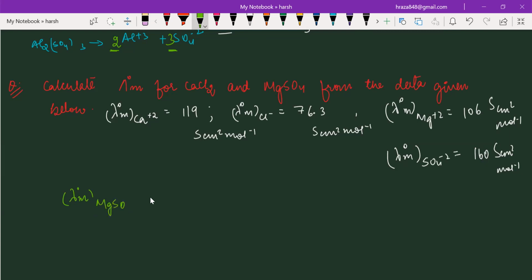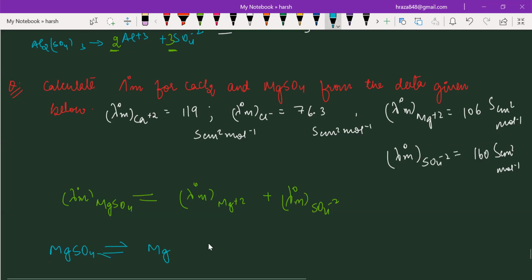Lambda naught m for MgSO4 will be equal to lambda naught m of Mg plus 2, plus lambda naught m of SO4 minus 2. We don't need to multiply it by any number because if you dissociate it, it will be 1 mole MgSO4: Mg plus 2 and SO4 minus 2, 1 and 1. So you don't multiply. But in case of CaCl2, you saw that this will be Ca plus 2 and this will be 2Cl minus.